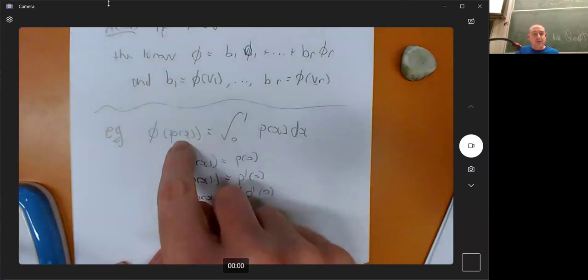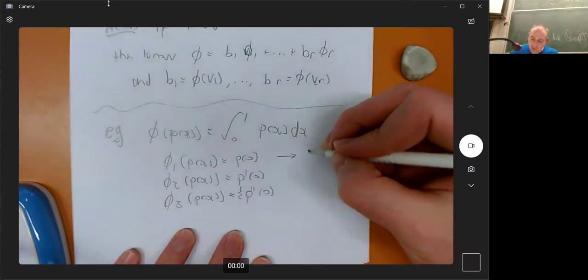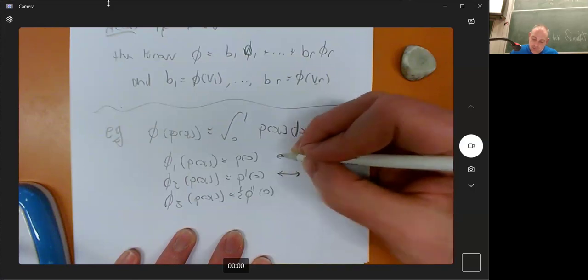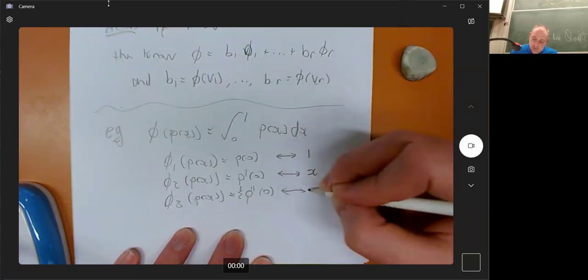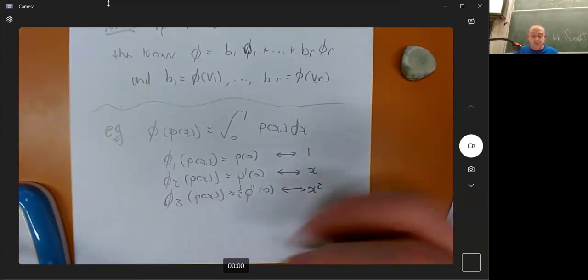If I want to write this as a linear combination of these, just note that this dual basis went with this original basis.